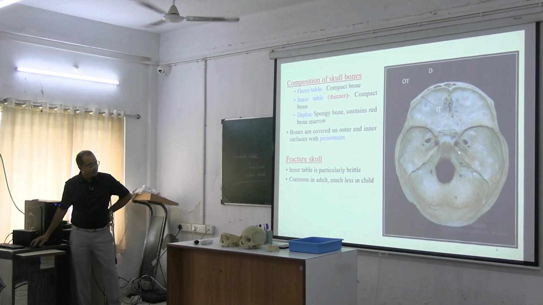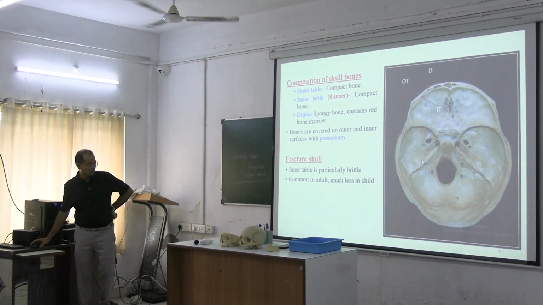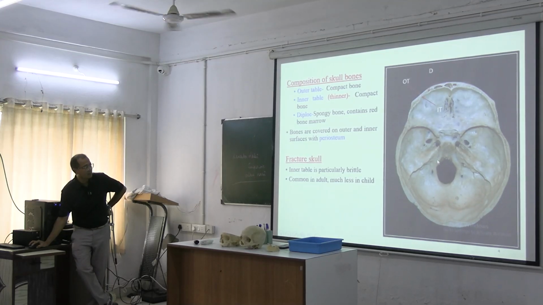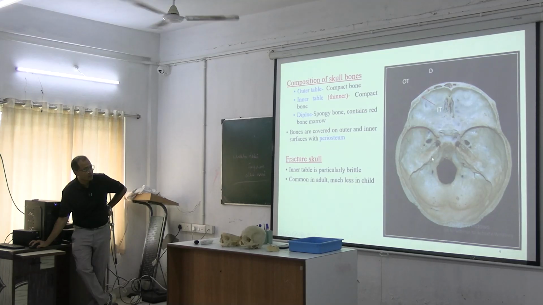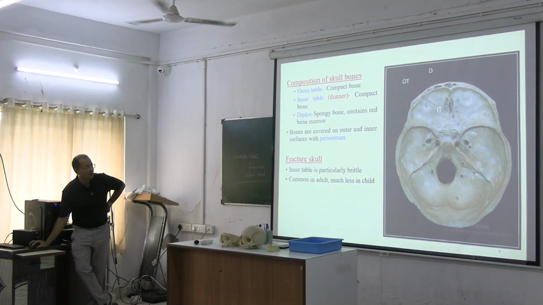This piece of bone where we are rolling the cursor is a part of the temporal bone. This temporal bone has a squamous part and a petrous part. So this part we call the petrous part of the temporal bone.